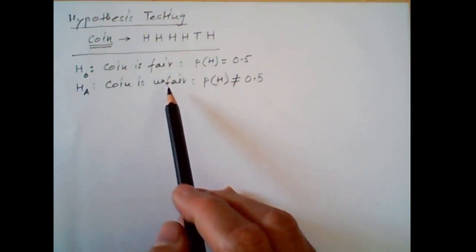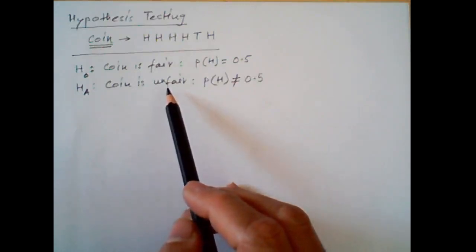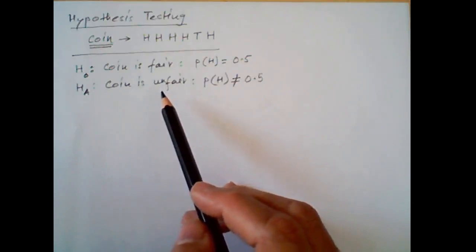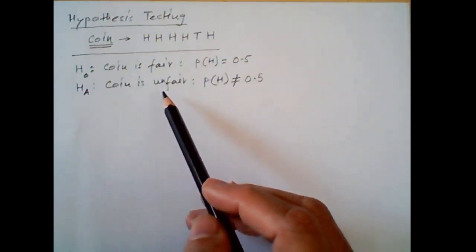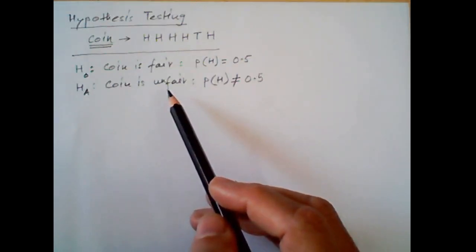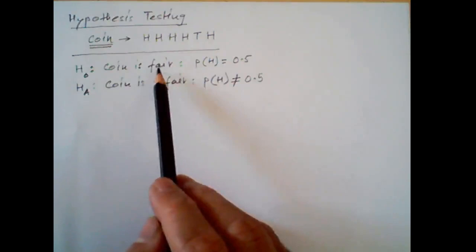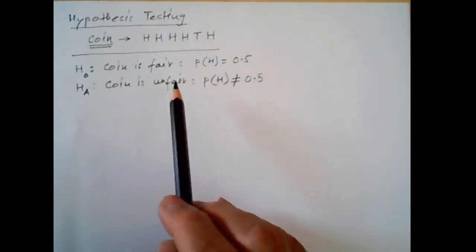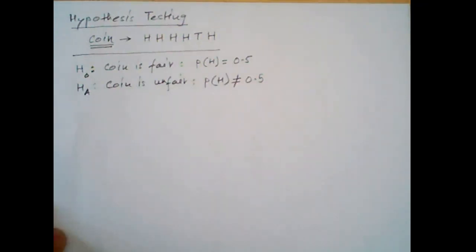But you are not interested as of now in finding out, if the coin is unfair, whether it is biased towards heads or towards tails. That is not something you want to figure out right now. All you want to do is go by either one of these hypotheses, that the coin is fair or the coin is unfair. So we have completed the first step.